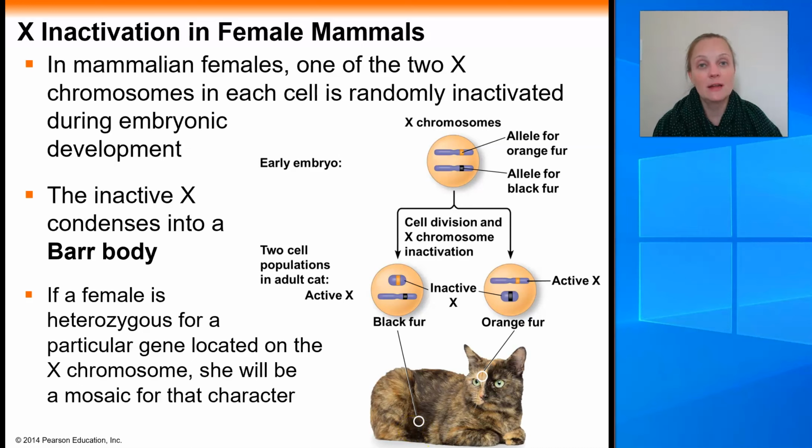And here, the underlying cells have come from a lineage where the original cell decided to inactivate the X chromosome with the orange fur allele, and so they're only expressing the genes from the X chromosome that has the black fur allele. And again, this is called X inactivation, and it's highly prevalent in mammalian females, bringing our copy number of those genes on the X chromosome to be equal with what the males have, right? We only express from one X. Males only have one X to express from.